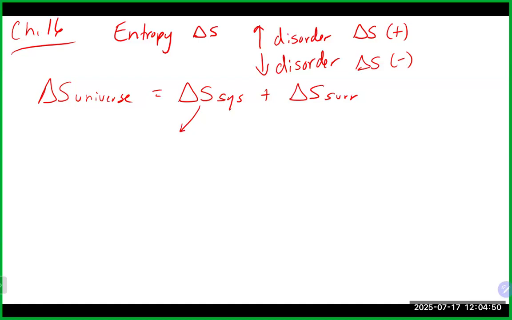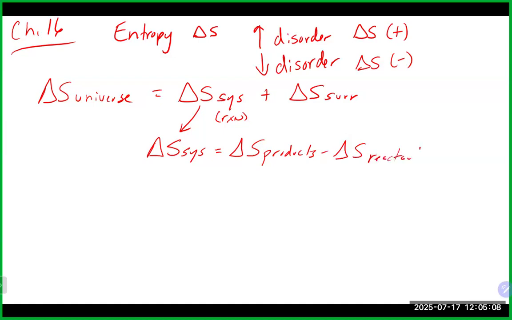For the delta S of the system, sometimes referred to as the reaction, we just do our products minus our reactants. So we go to a table, look up all the delta S's of our products, and subtract from that all the delta S's of our reactants. And that will give us our delta S of the system.